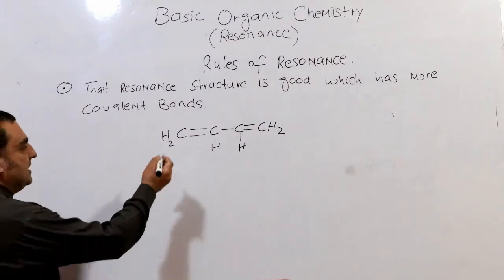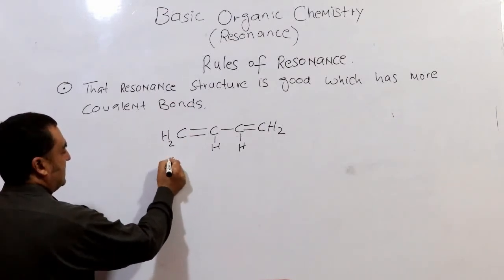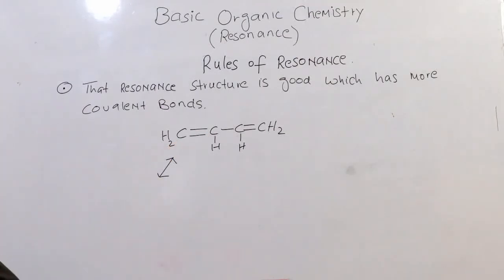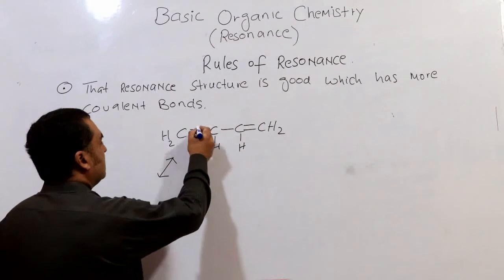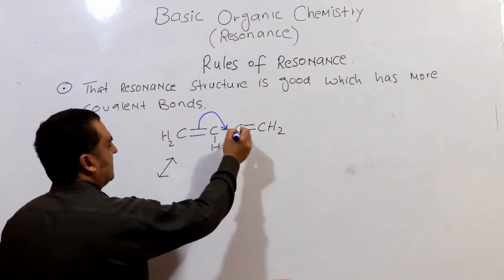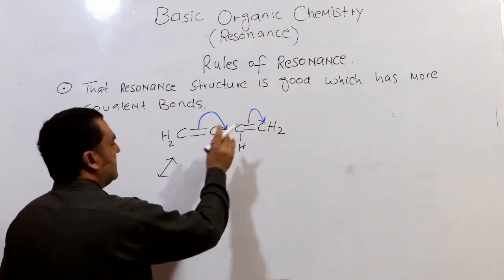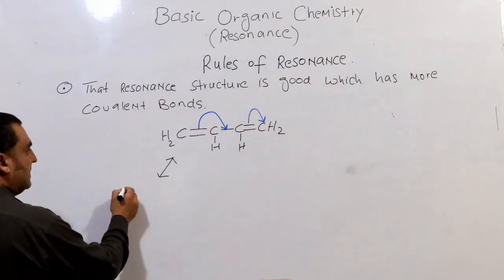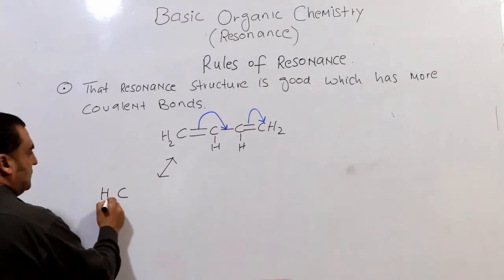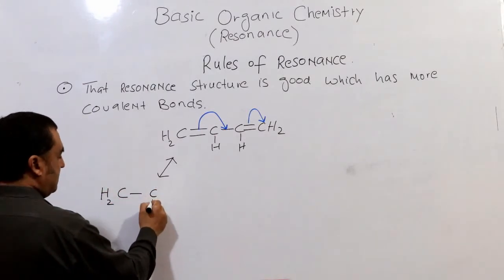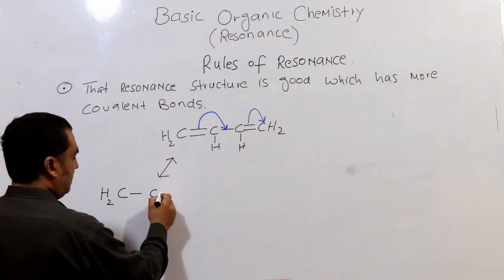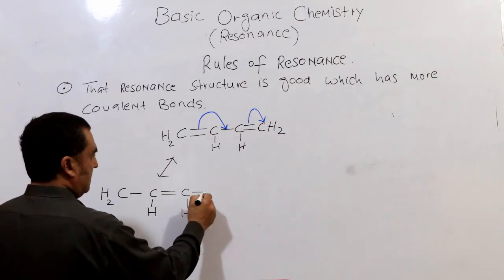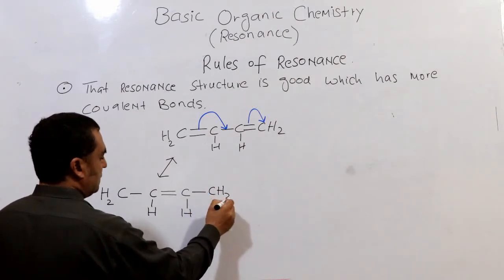Or you can see, let me draw the structure of this molecule. Suppose, let me use this ballpoint marker, the electrons come here, and now the electrons sit here. Suppose the electrons move there. Now what happens? CH2, CH, a double bond, CH2.